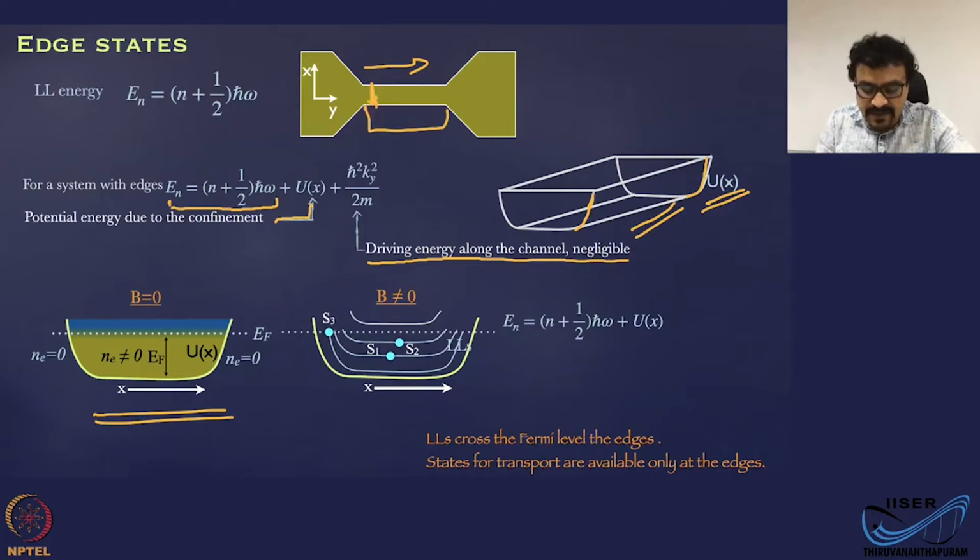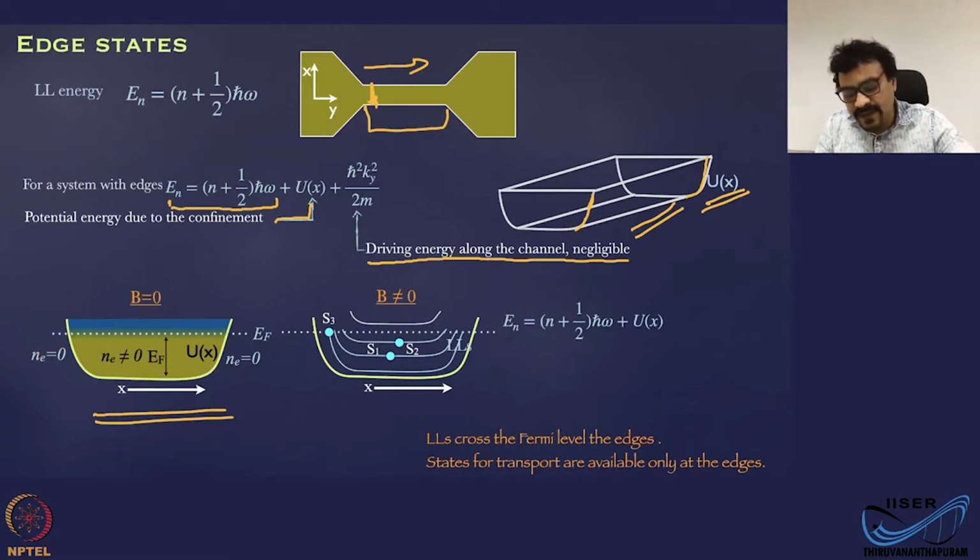You start from here to here. That is the path. What that means is, in this flat portion, the bottom of this bucket, you don't have any u of x term, but the u of x comes into the picture as you go towards the edges. So there are electrons here, and there are no electrons here.